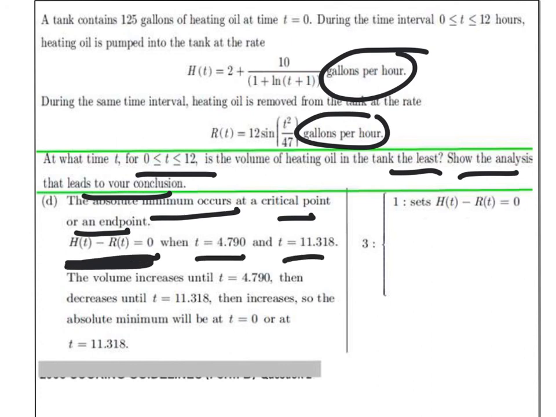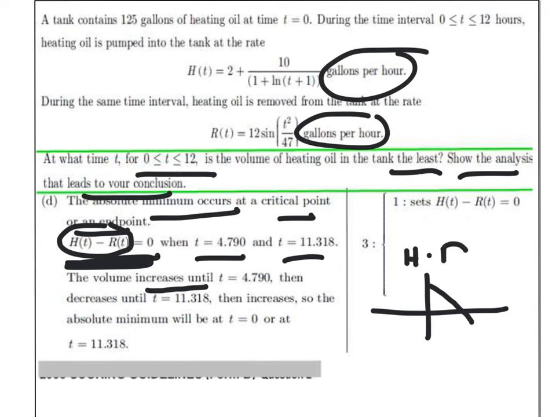You get this. Then I'm not really sure what this graph looks like, but I can read this answer. I don't have the graph here, but I'm guessing since the volume increases to 4.790, it probably looks like this, if this is the graph of H minus R, because then you have, I'll do this in a second, and then it probably decreases till you get to that 11 thing, and then it goes something like this.